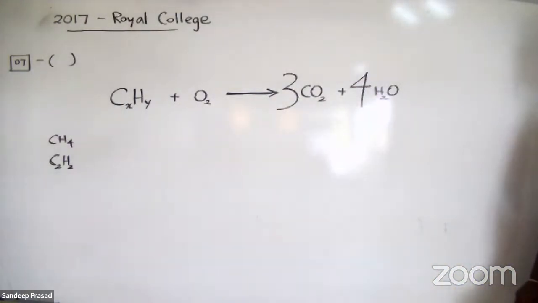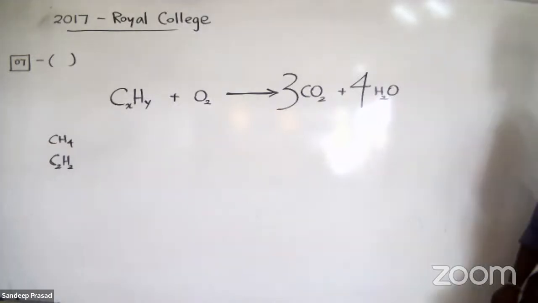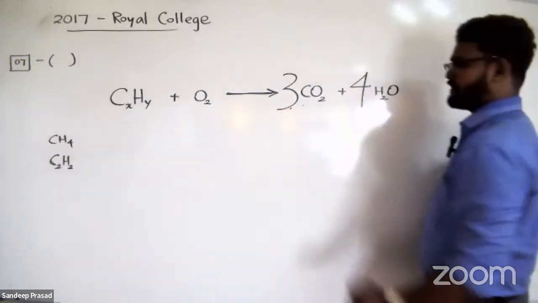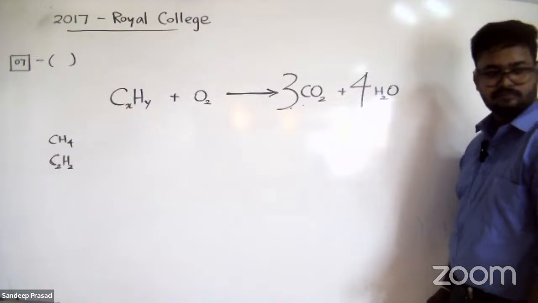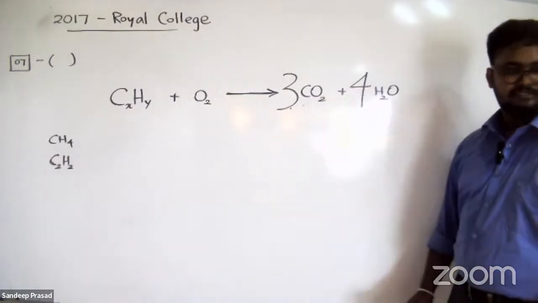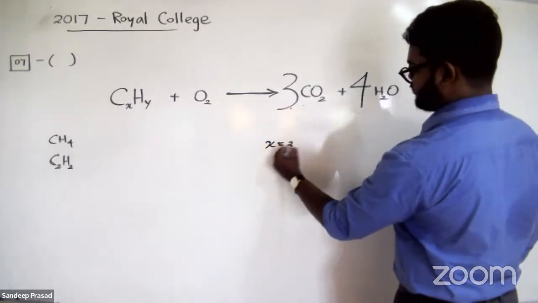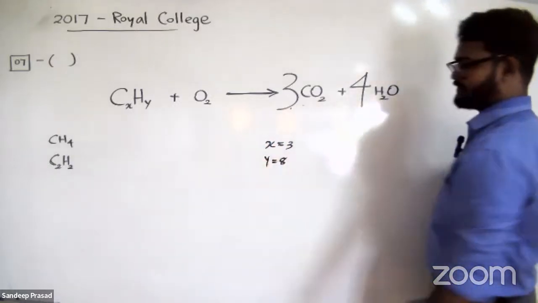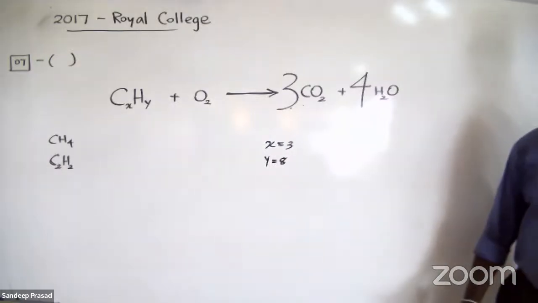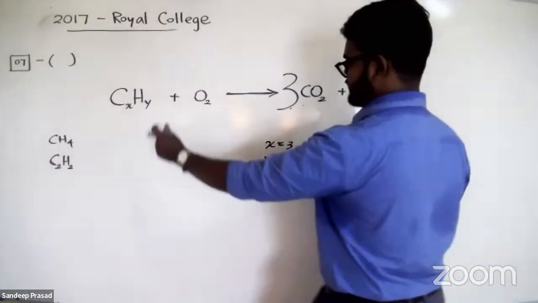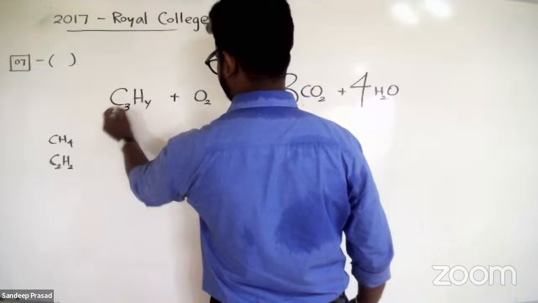Then Akash, can you see how many carbons are there? 3. How many hydrogens are there? 8. So therefore x equals 3, y equals 8. We got the answer. So this compound is C3H8.